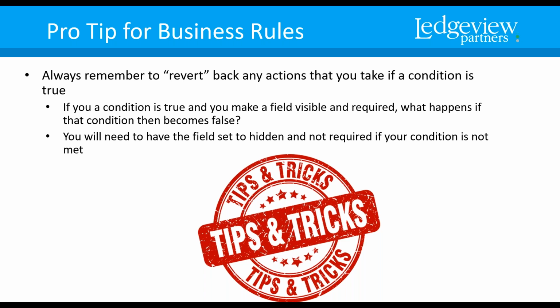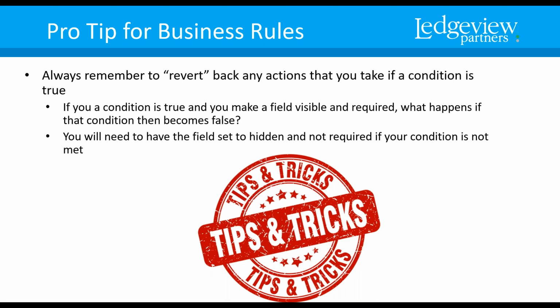The field stayed required because that's the last state it was in based on the conditions of the business rule. It followed the negative path of the business rule. It went, okay, my conditions are no longer met, I'll make it hidden, but you didn't tell me to make it not required. So I'm going to leave it required.